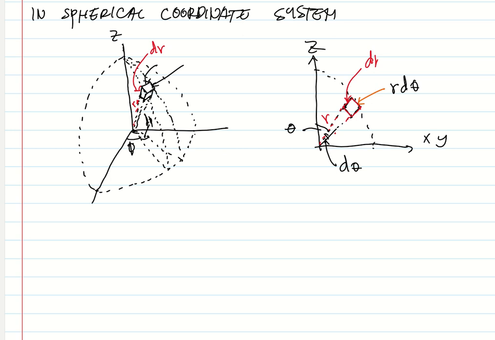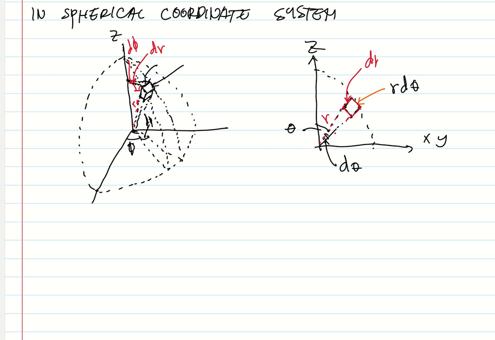But we cannot project that here because if we solve this length here, we can draw just like in cylindrical, that one, and this angle here is actually d phi.